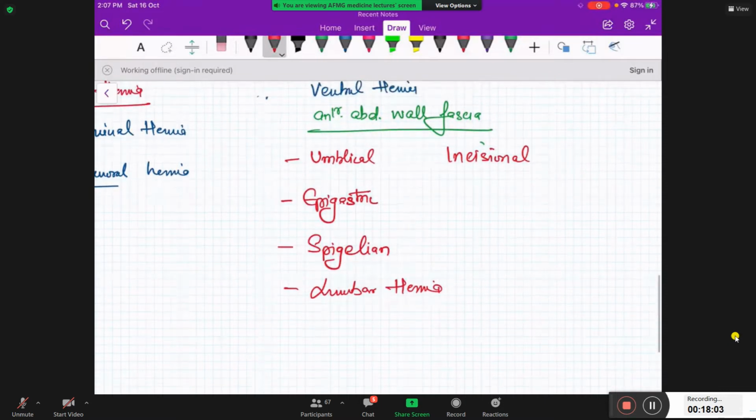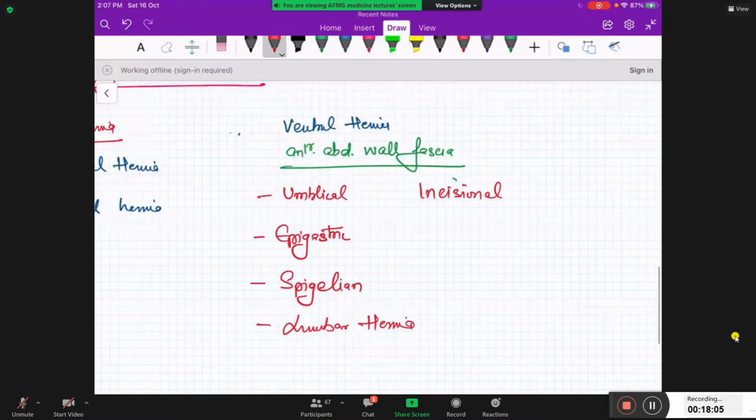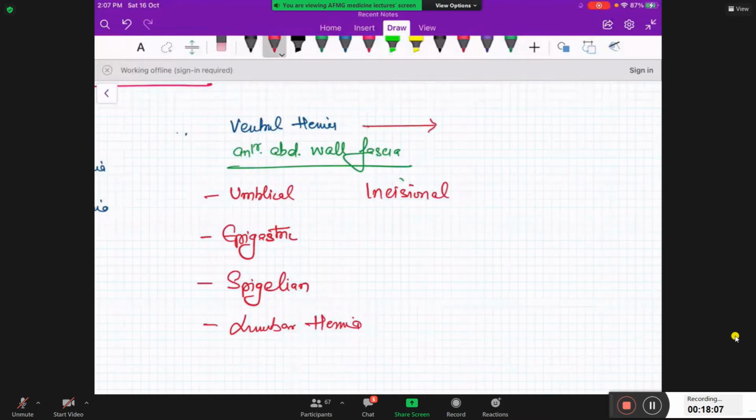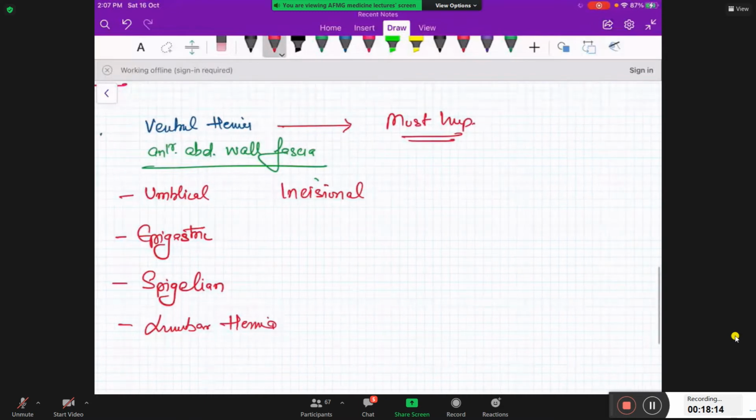In ventral hernia, the most important reason for all ventral hernias is increased intra-abdominal pressure.